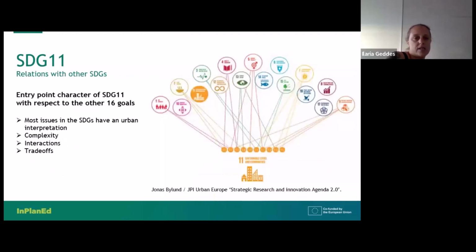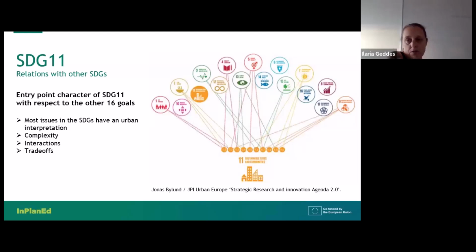So this is just to show how SDG 11 links to all the others. Most issues in the different SDGs have an urban interpretation. So if you look at poverty, there's an issue such as energy poverty. It's an urban issue. You might not be able to afford heating and cooling your home, depending on how well insulated it is, and so on.